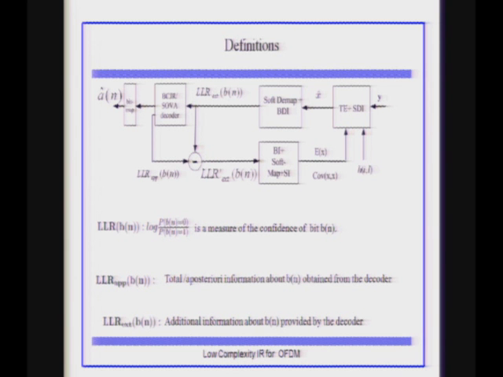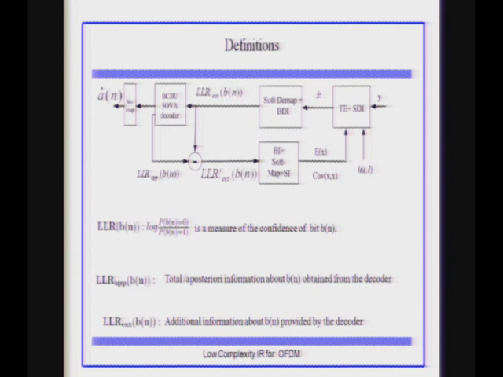Now, what is the LLR, the log likelihood ratio? It's the log of the probability of the bit being equal to 0 to that of 1, and it talks about the confidence on the bit being equal to 0 or 1.